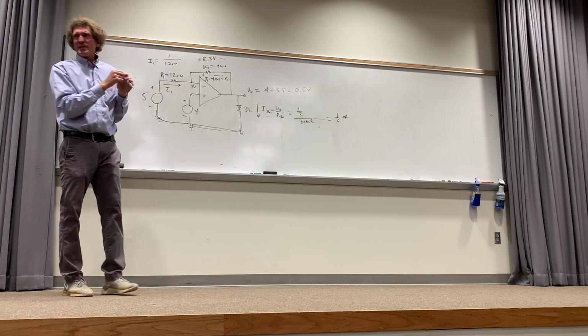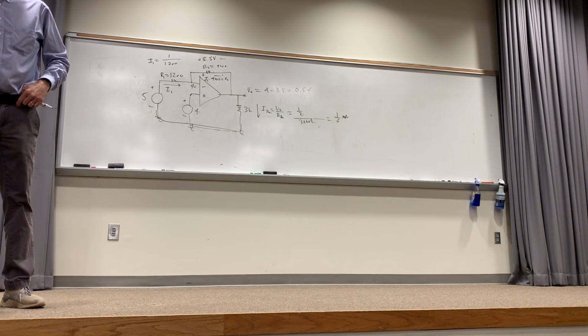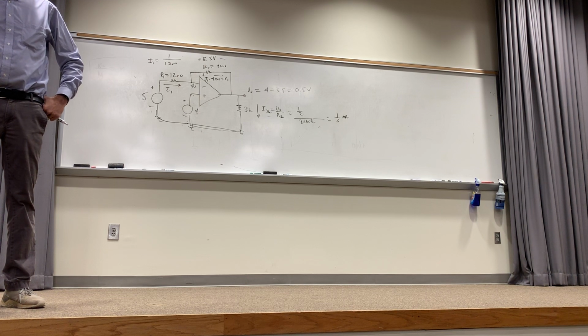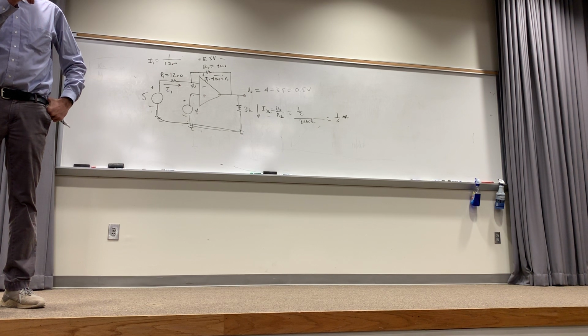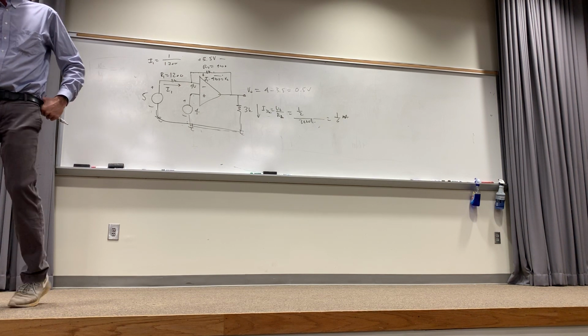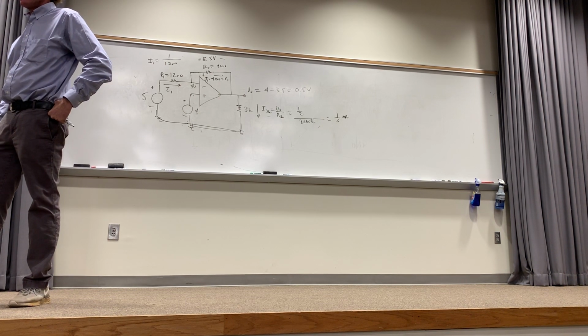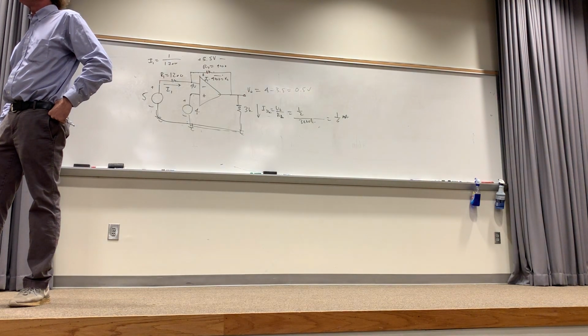Does their answer say V out is 3.5 or something? Yes, the answer is posted in the OneNote. It's negative 3.5. For this problem?